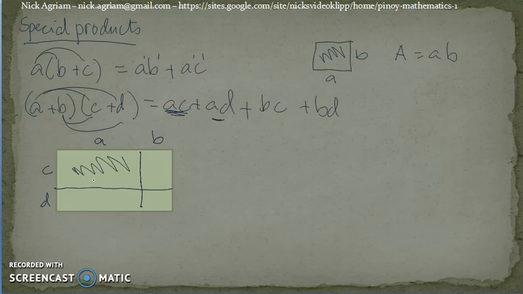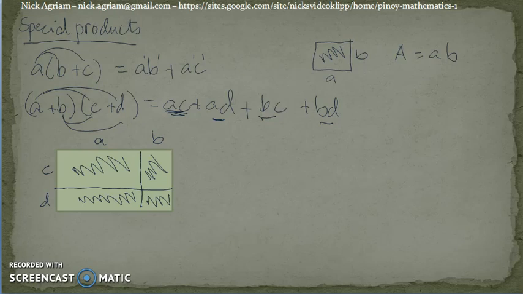AD is this area. And then we have the BC, this area, and the last one, BD, this area. As you can see, when we talk about products of two variables, it is always an area.